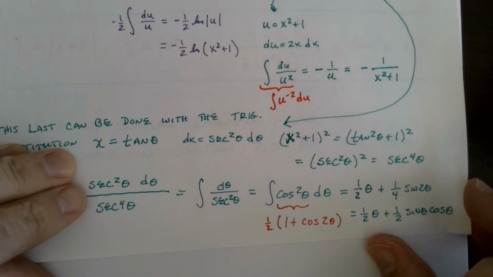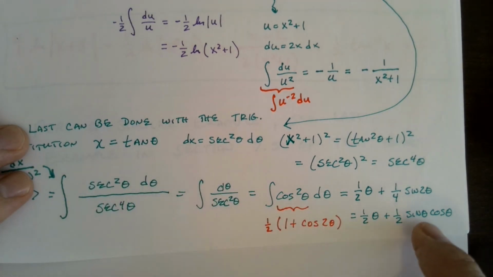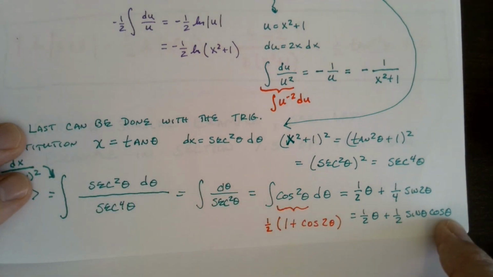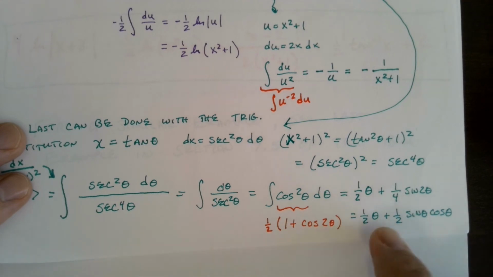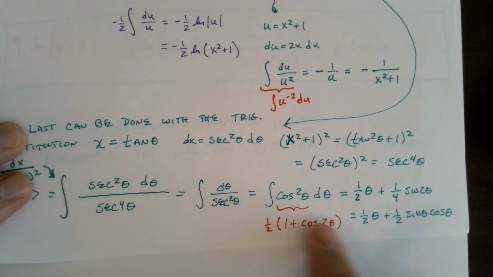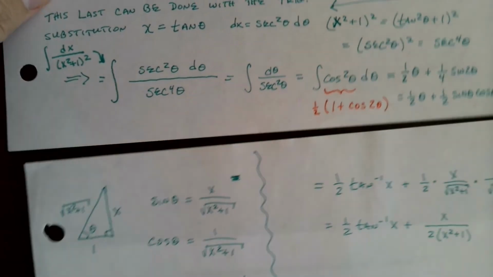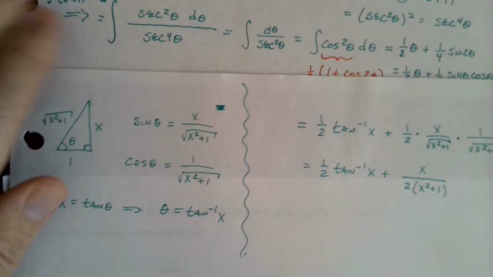Notice I do need to get back to the variable x, right? I know x is tangent theta, but what is sine theta and cosine theta in terms of x? Since x is tangent theta, theta is what? Tangent inverse of x. So I know theta is tangent inverse of x. And so I do my right triangle here.